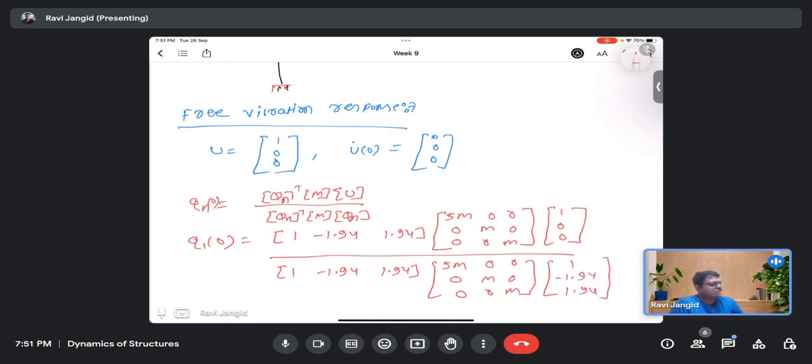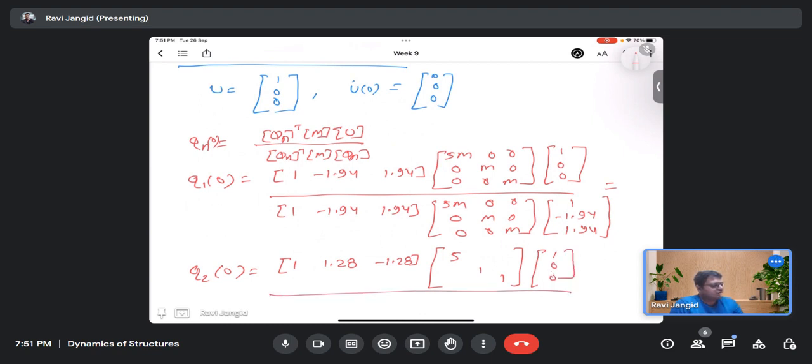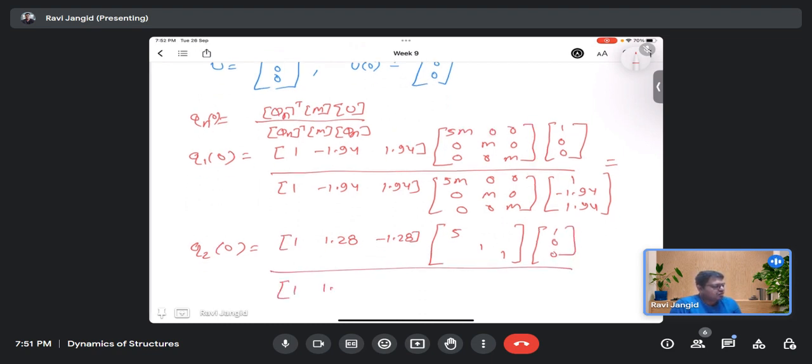So get me the solution for this q1(0), what are you getting? Similarly, q2(0) you can do. For that we have the mode shape 1, 1.28, -1.28. The mass matrix would be similar, 5m, m, m, and the initial condition is 1, 0, 0. That would be 1, 1.28, -1.28 times the mass matrix times 1, 1.28, -1.28.